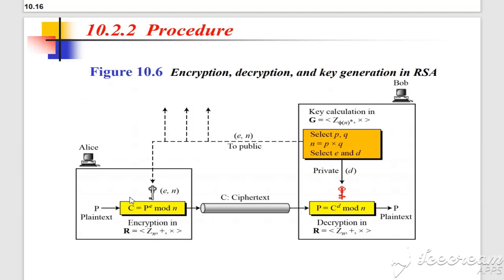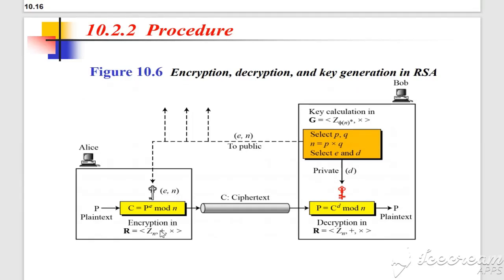The ciphertext is shared over an insecure channel, where anyone can intercept it, but he or she cannot predict the plain text because they are not aware of the private key. Only the one who knows the private key corresponding to this public key can recover the plain text. So when the ciphertext arrives at Bob's end, Bob will use this private key to decrypt that message and get the plain text.